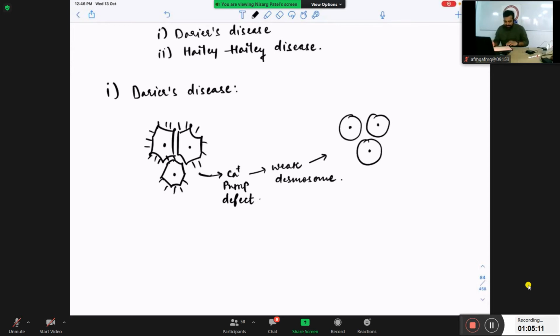But as we discussed in the first class, what are the two important strengths of my keratinocyte? Keratin filament and the desmosome connection. So what is happening in Darier's disease? These cells are sensing that they have a weak desmosomal connection and might get separated from the other keratinocytes.